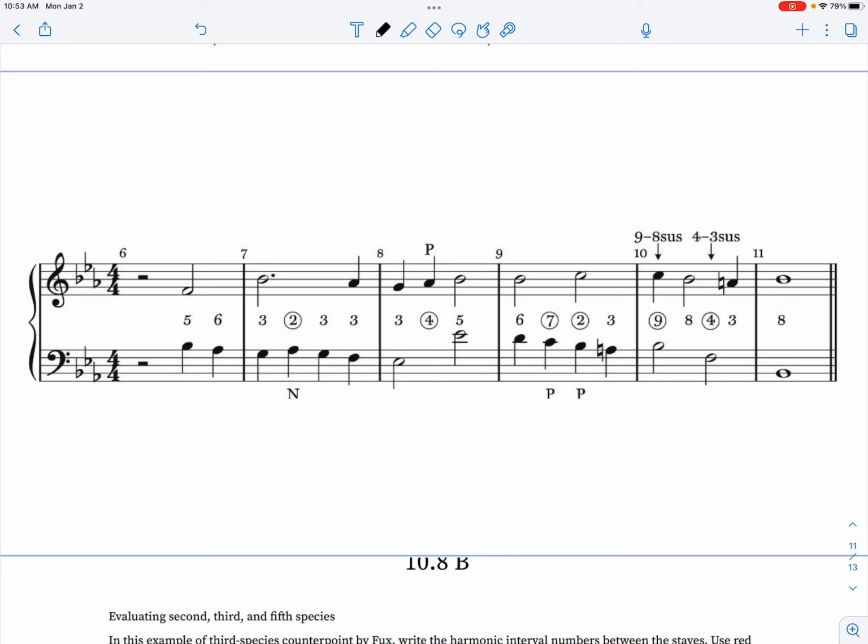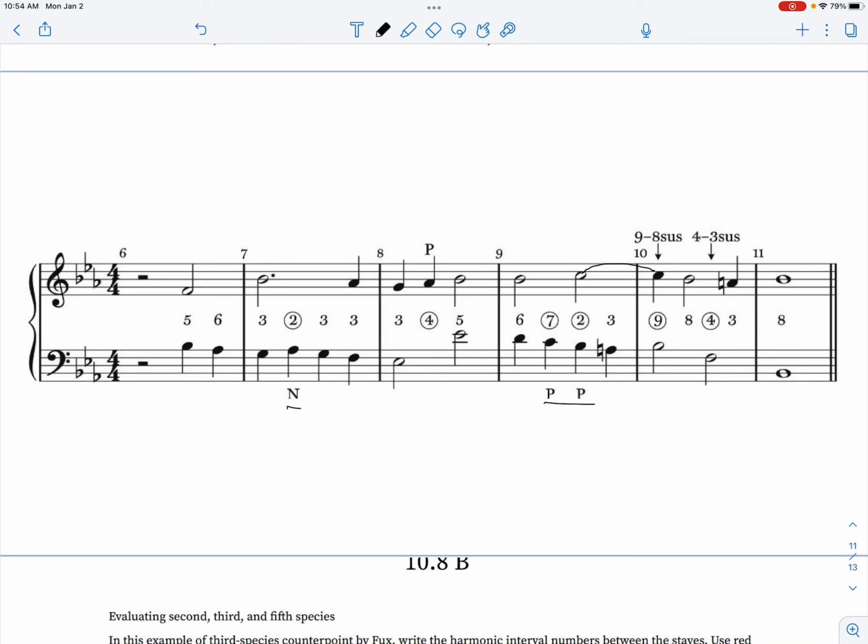And this one is the re-articulated suspension. That's a 9th, resolve, 4-3. As I mentioned, you can imagine that in the traditional way this one would have been tied, but it was re-articulated. So in this example, you have neighbor tone, double passing tone, suspensions, all that kind of stuff.